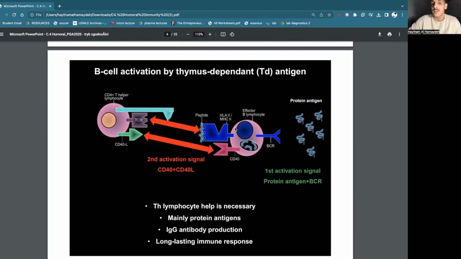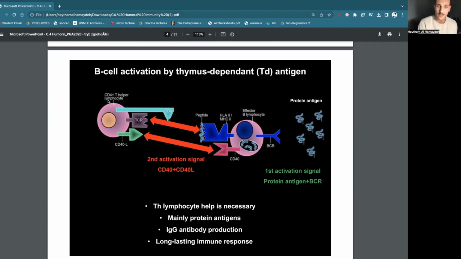A CD8, sorry, I meant a cell that would be killed. It'll be a CD8 because CD8s do not activate, but they kill. When they bind and shake hands with a cell that needs to be killed, it needs to bind to an MHC1. So 8 times 1 is 8.